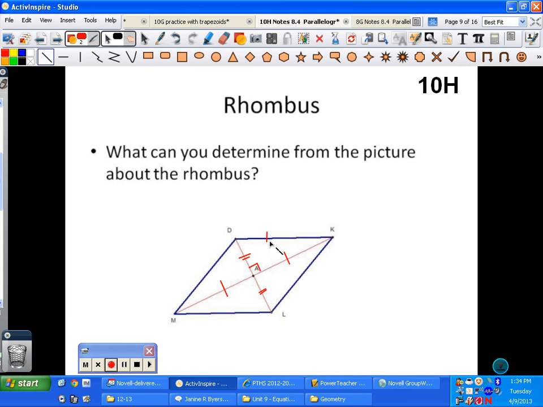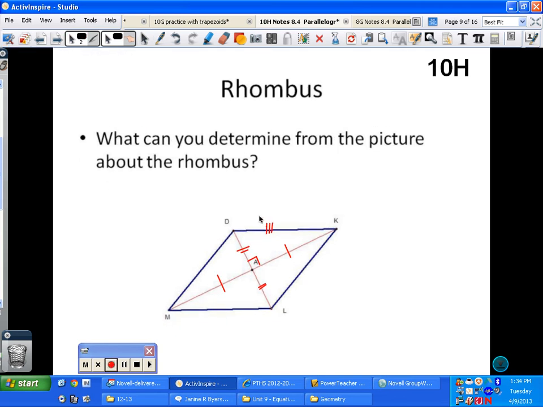We know that all the sides are congruent, so we can just mark all those.